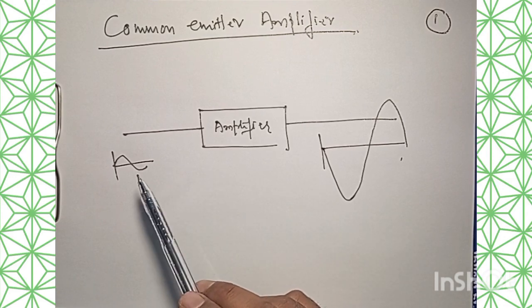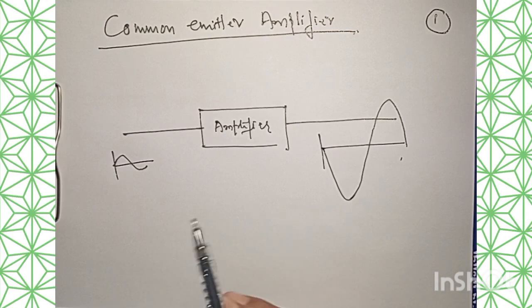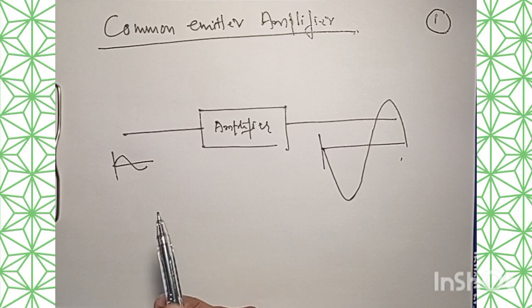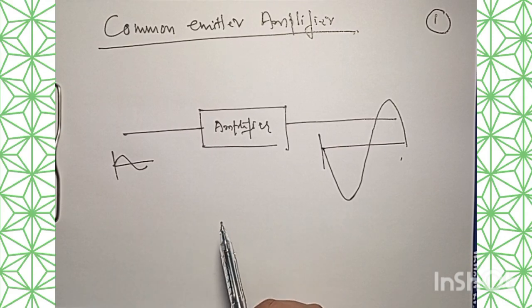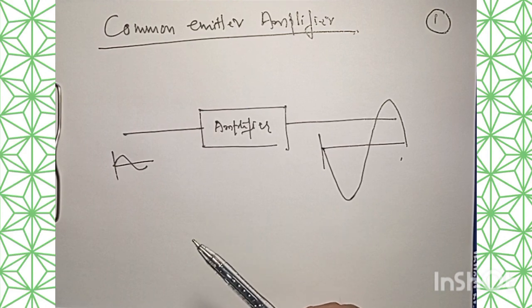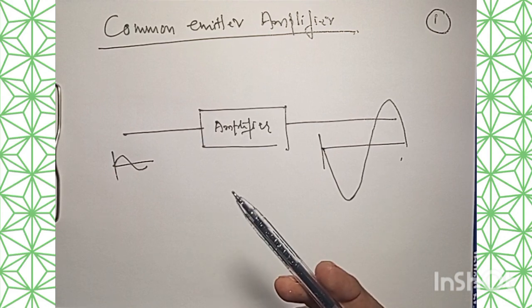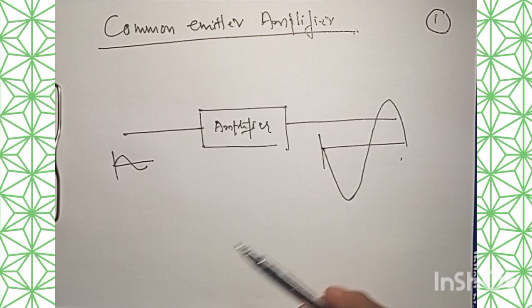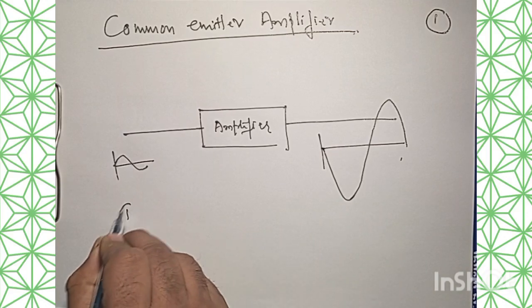Now, we better understand that when we have a common emitter configuration, as we talked about the transistor, it has input circuit and it has output circuit. Now in the transistor, the emitter base junction that qualifies for input circuit, which is being forward biased, has low resistance.